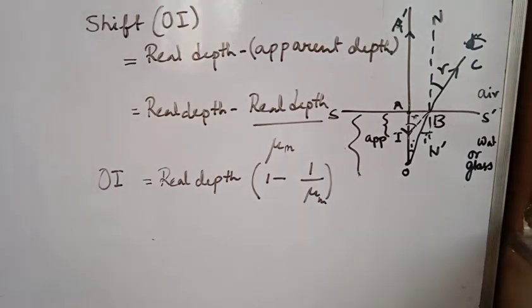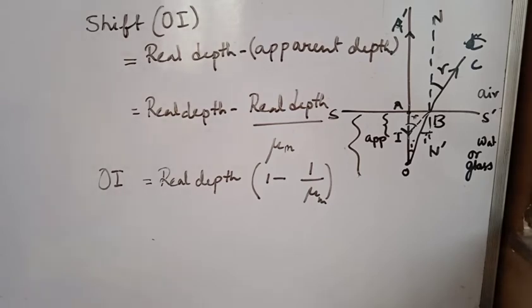Now from this relation we can see that the shift depends upon the refractive index of that medium. We have already done that the refractive index of violet light is more than the red light, because the wavelength of red light is more than violet.